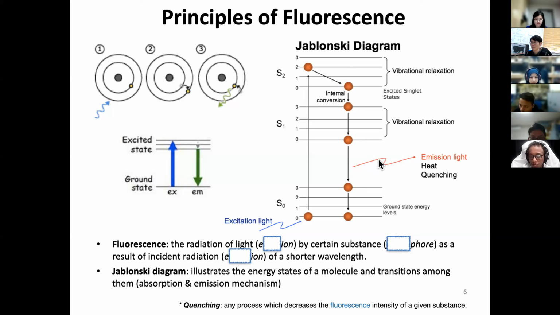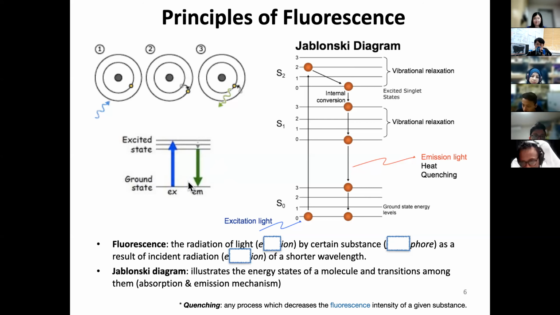But sometimes it doesn't emit, and the energy just dissipates as heat. Or if there are a lot more fluorophores around, between these energy transfers, they can suppress the emission, which we call quenching.